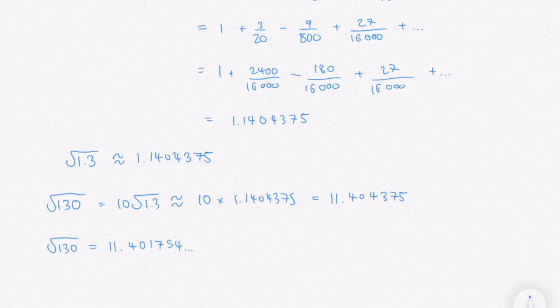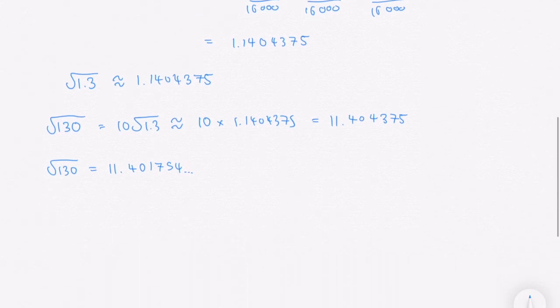Notice how close we are. We've got the square root of 130 correct to 2 decimal places by using binomial expansion. So that's not bad at all. If we wanted to, we could actually calculate the percentage error here. How far is our approximation out of the actual square root of 130?